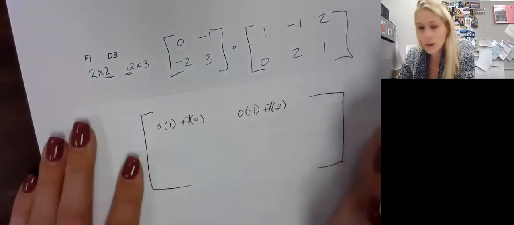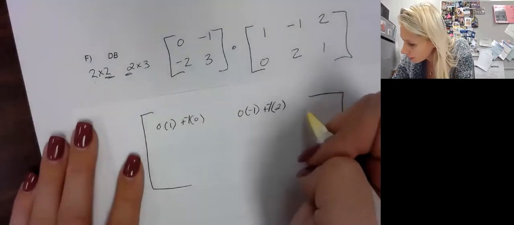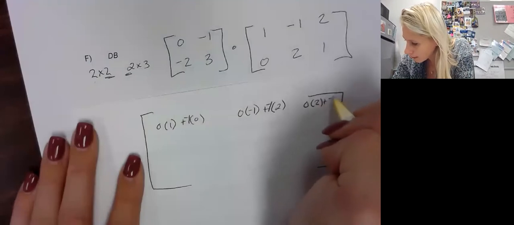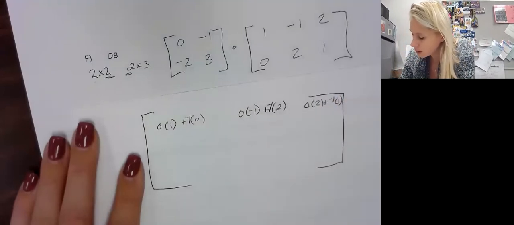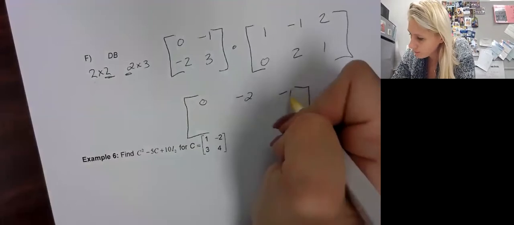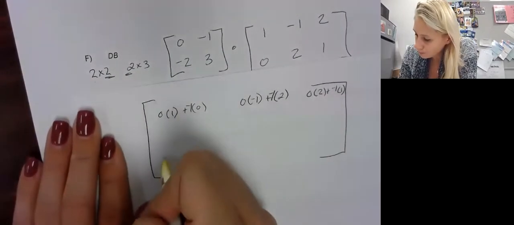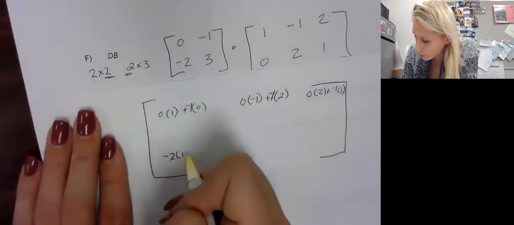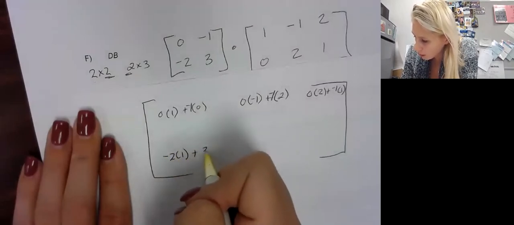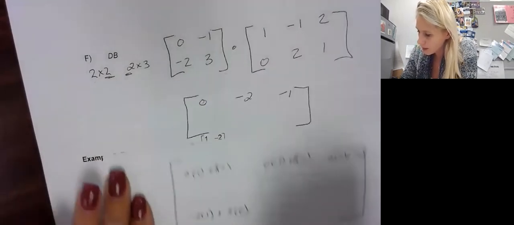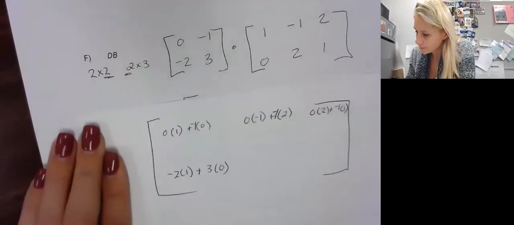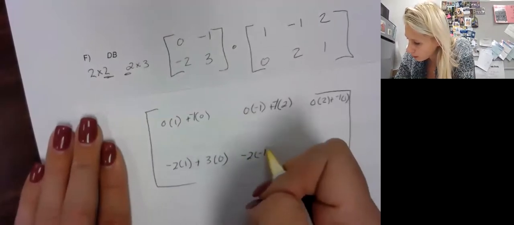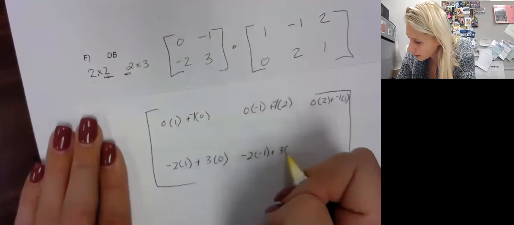It's nice when they use 1s and 2s because it's really easy, right? 0 times 2 plus -1 times 1. That's -1. Okay, row 2, column 1, -2 times 1 plus 3 times 0. -2. -2 times -1 plus 3 times 2.